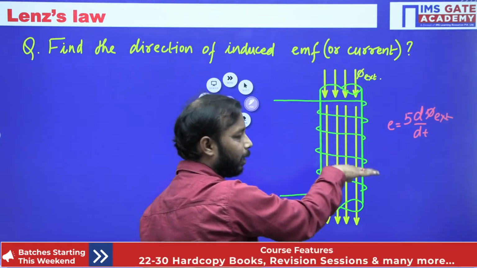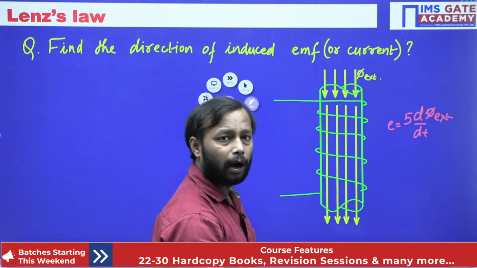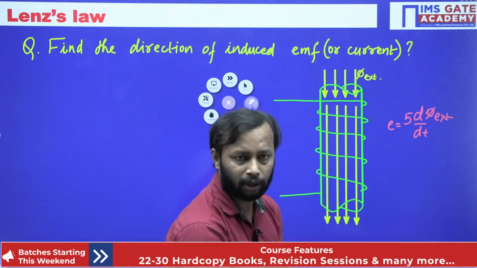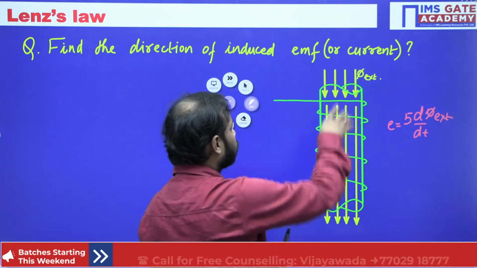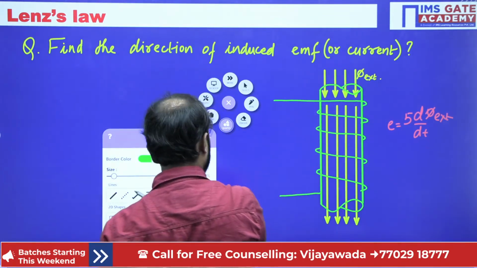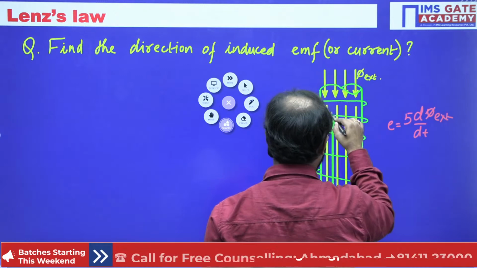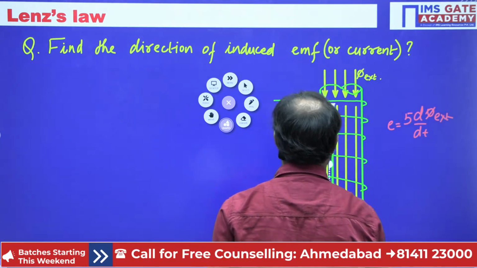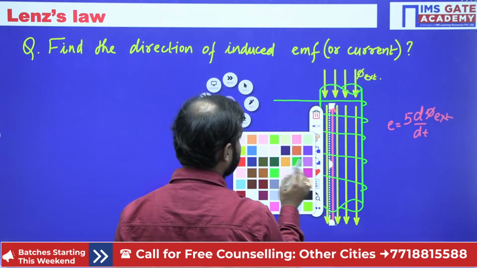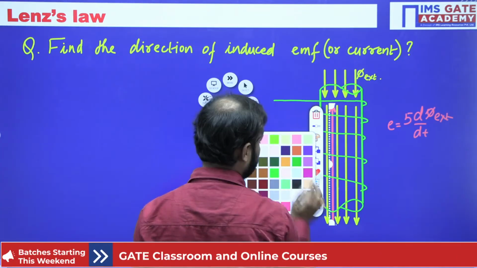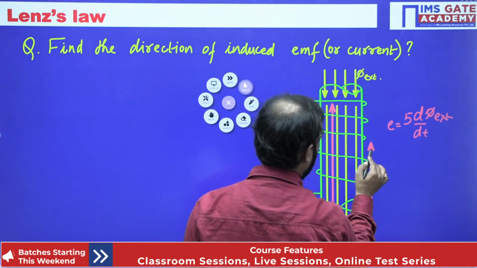The phi external is downward, so opposition means the flux has to be upward. Whatever flux is induced will oppose this phi external, and only then can we call it opposition. Since it is downward, for opposition we require the induced EMF in the upward direction.